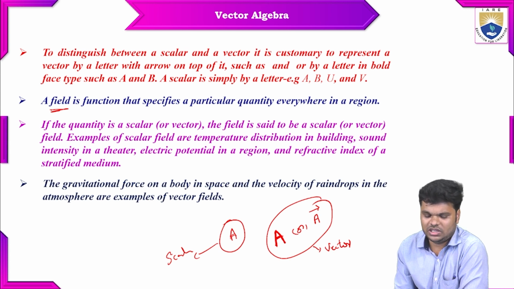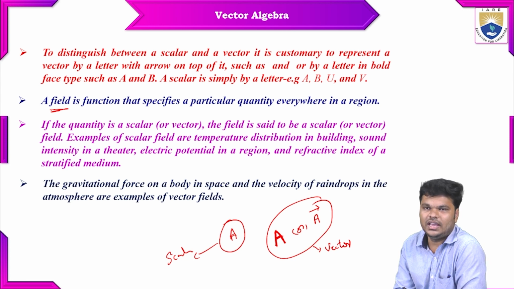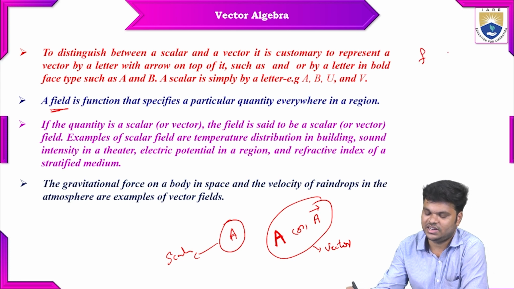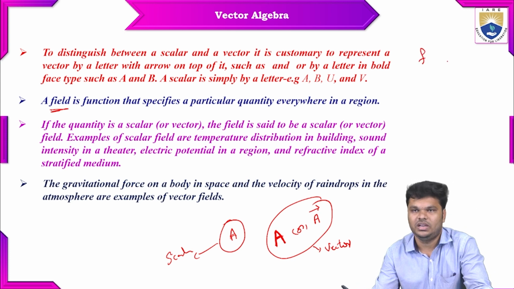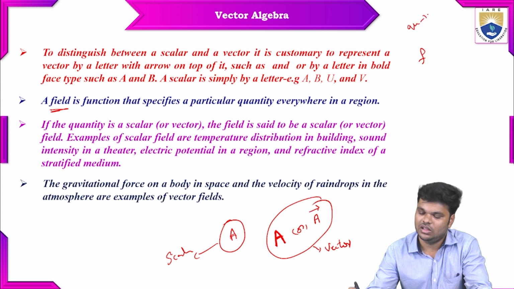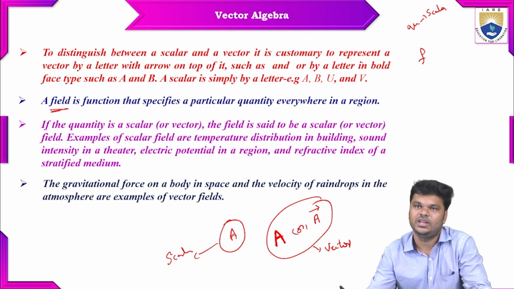In simple terms, a field is nothing but a function which specifies a particular quantity everywhere in a region. If the chosen quantity is scalar, then we can say that the field is a scalar field. If the chosen quantity is vector, then the field is a vector field.